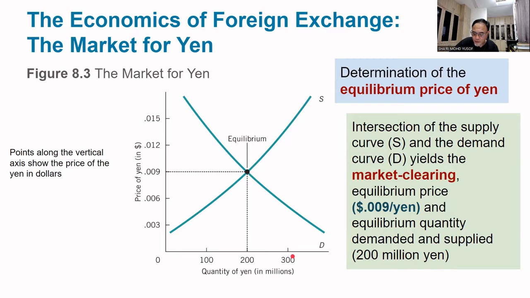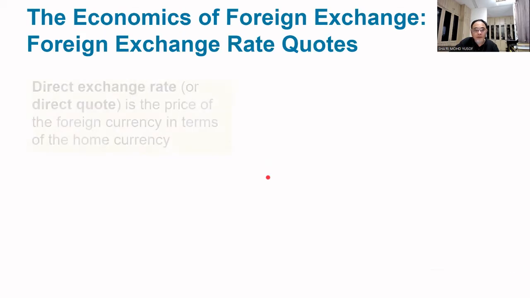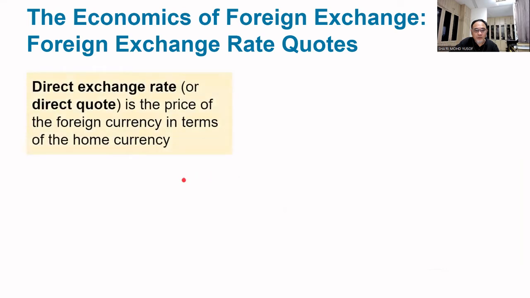And so this equilibrium price is called the exchange rate. That means the price of one country's currency in terms of another country's currency. There are two ways of quoting the exchange rate.